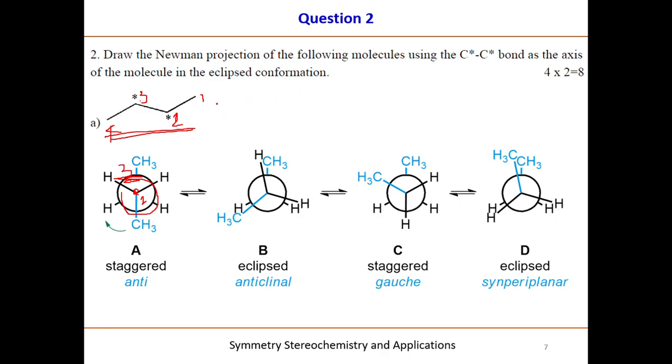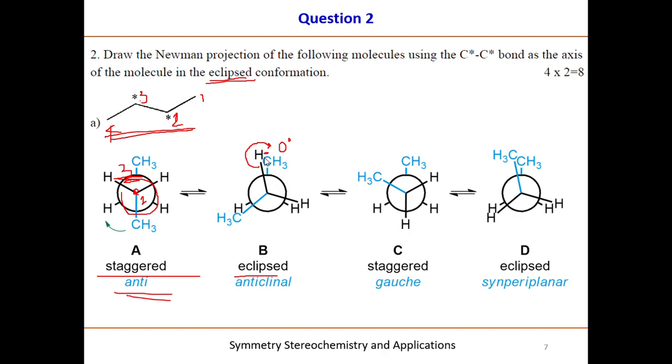Now you can see these are trans to each other, but we have to draw the eclipsed conformation. Eclipsed means the atom comes with the same angle as the carbon atom behind, so the angle between these two will be 0. It means one atom overlaps another. This one is the anti, staggered conformation, and this one is the eclipsed one.